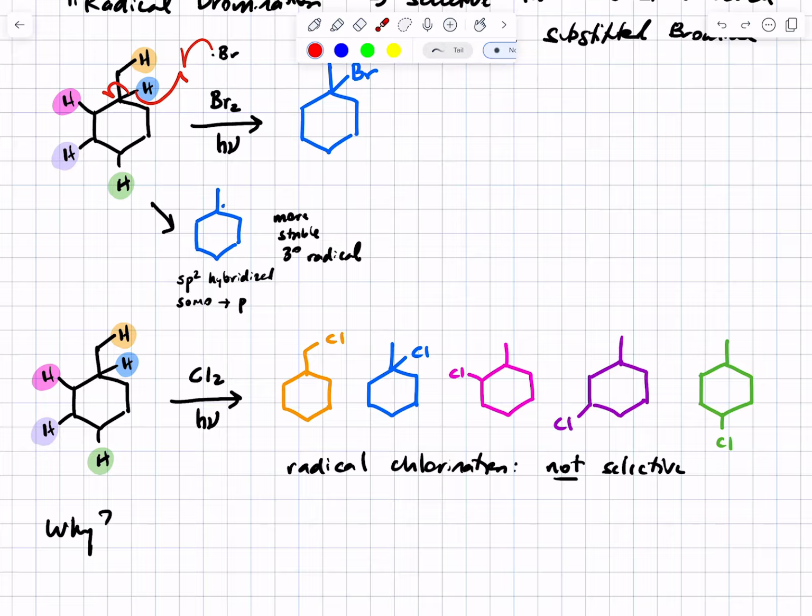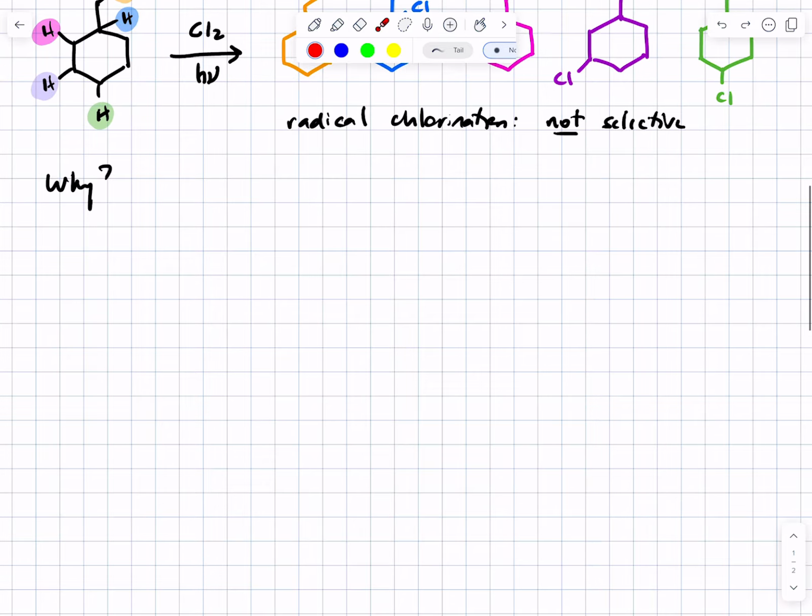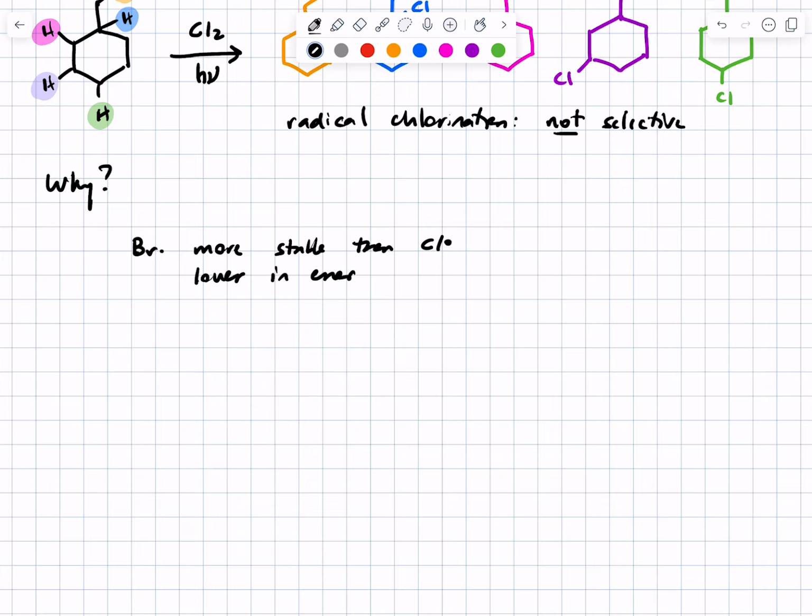All right. So let's talk about why. And to understand why, you need to know that bromine radical is more stable than chlorine radical. By that we mean lower in energy.